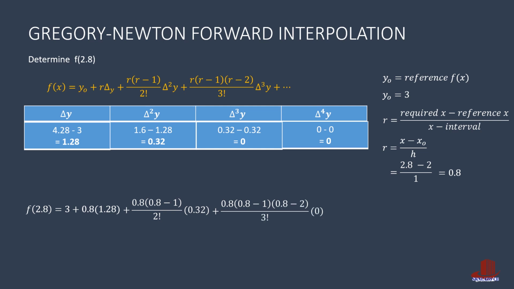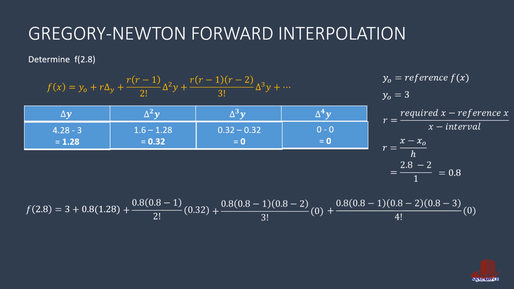less 1, then 0.8 less 2 upon 3 factorial, then this is multiplied by the delta, which is 0. The last term follows the same procedure, showing 0.8 times 0.8 less 1 times 0.8 less 2 and 0.8 less 3 over 4 factorial.